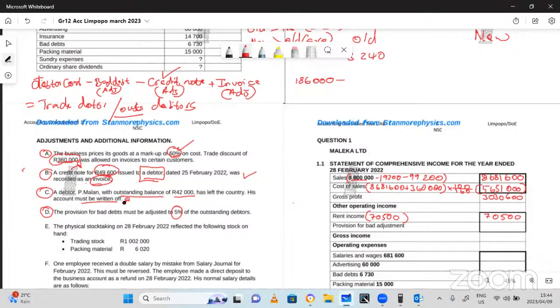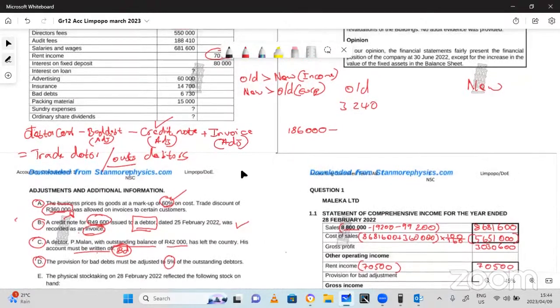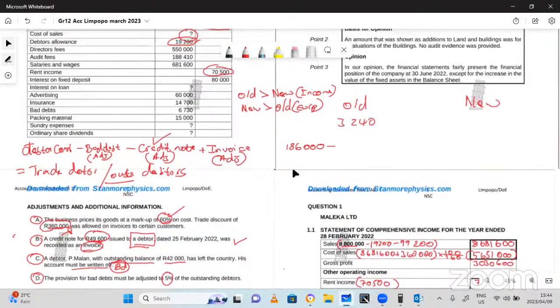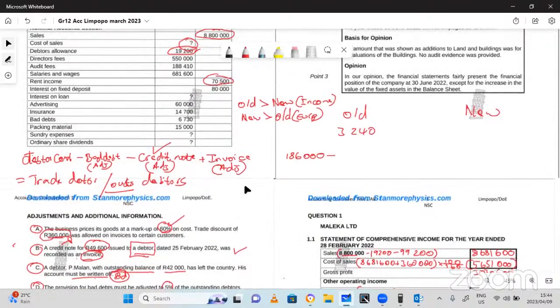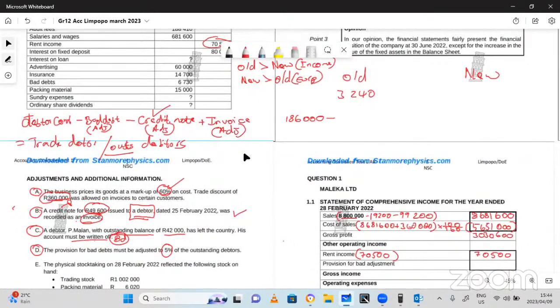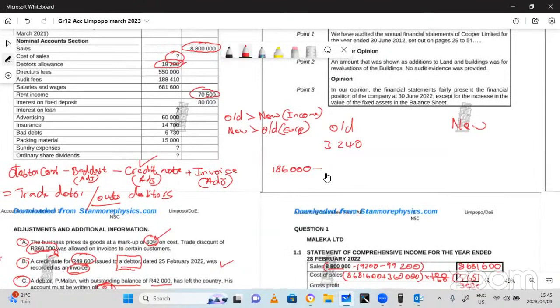That's your bad debt over there, because his account will be written off. If a debtor is written off, that debtor is adding to our bad debt. So that's the new bad debt we were looking for, the bad debt on adjustment. So we are going to subtract it. How much was he owing us? He was owing us 42,000. So we are to subtract the 42,000.